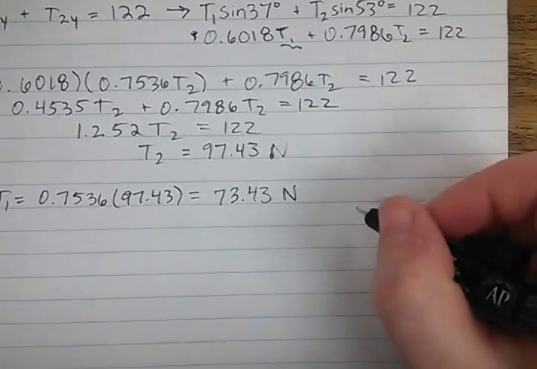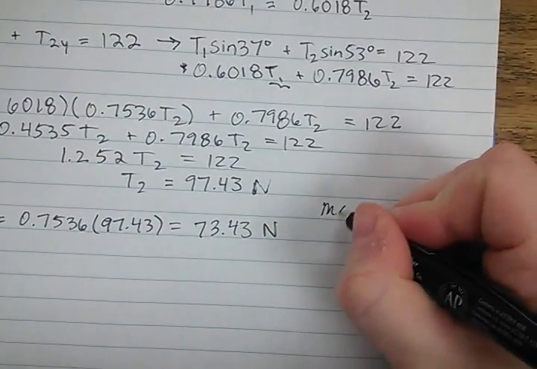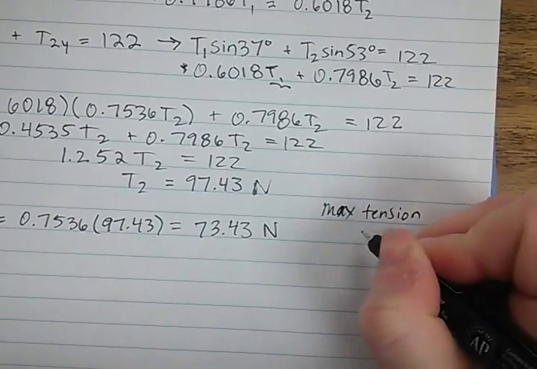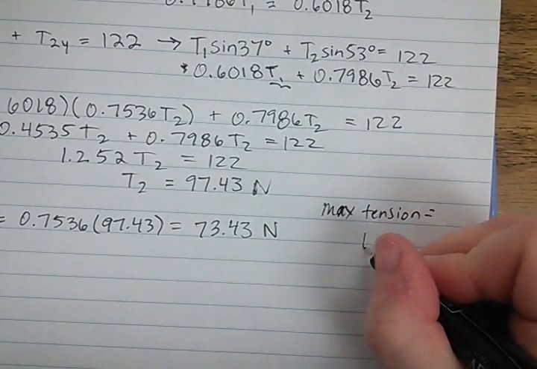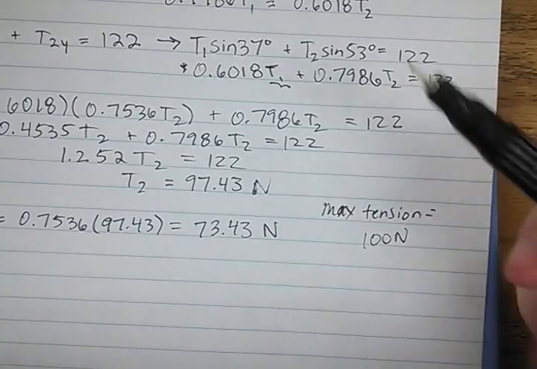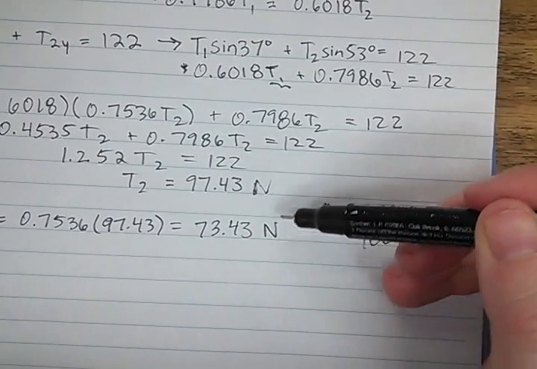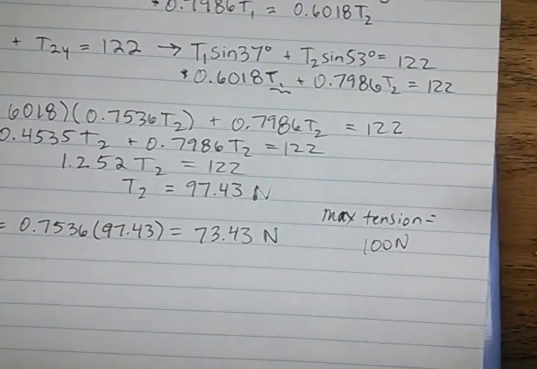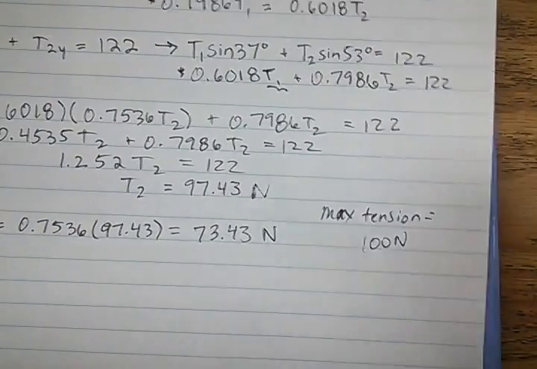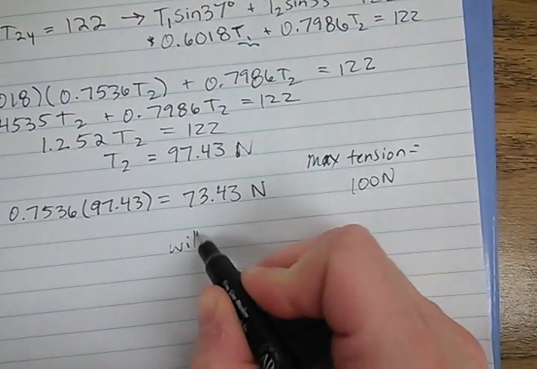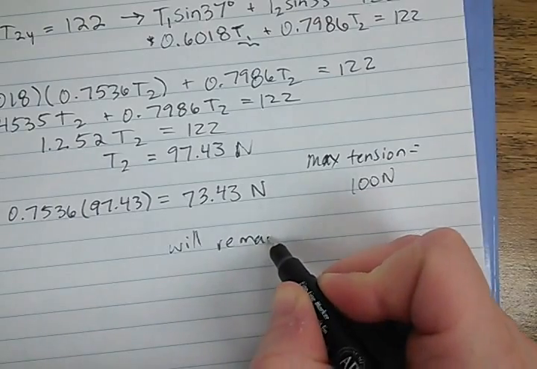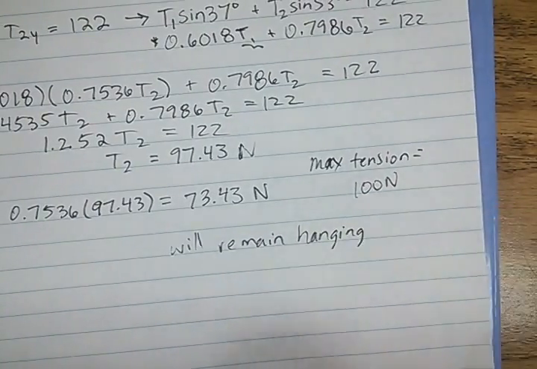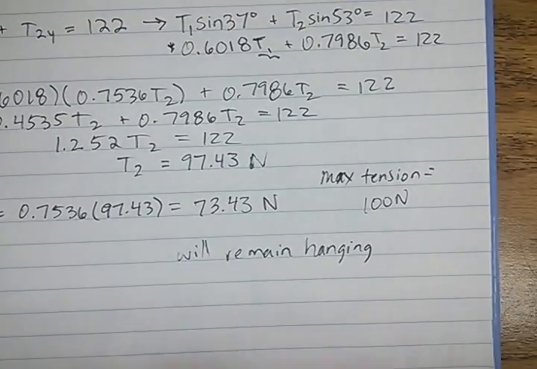Remember the max tension is equal to 100 newtons. Are either of these above 100 newtons? No. So the traffic light will remain hanging. In other words, the traffic light is in equilibrium.